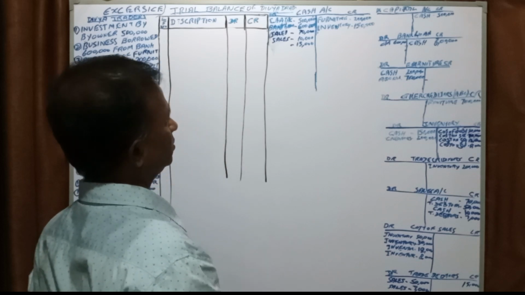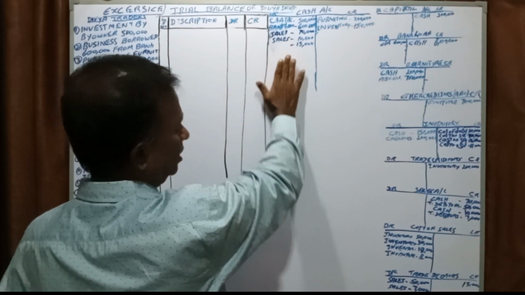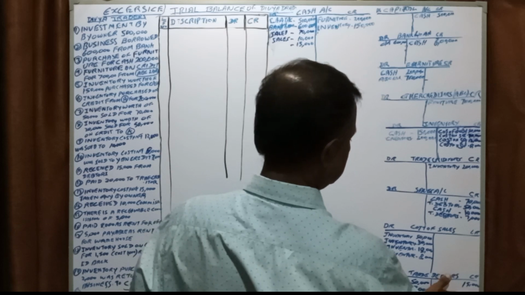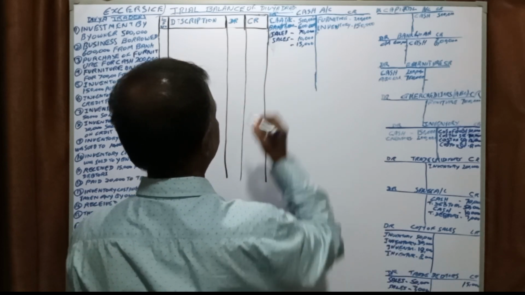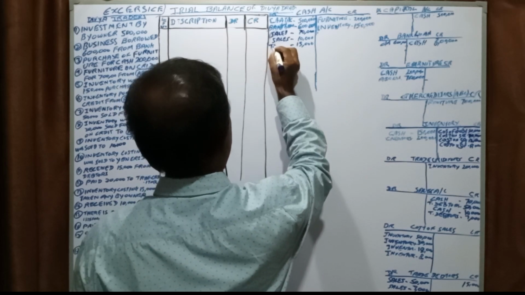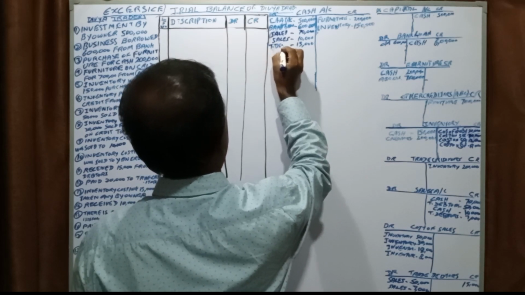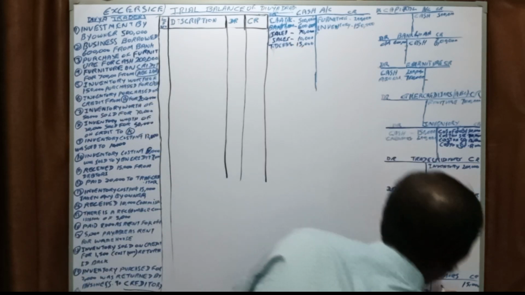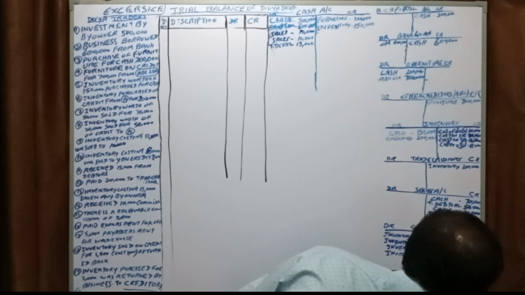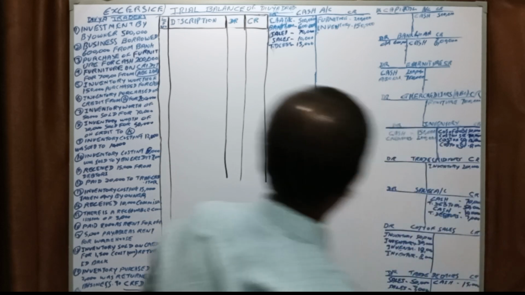Reduced by 15,000. Here the cash account is affected and trade debtors also affected. Here we will say trade debtors, and here we will say cash. Okay.